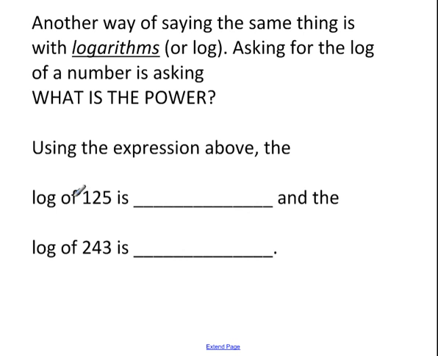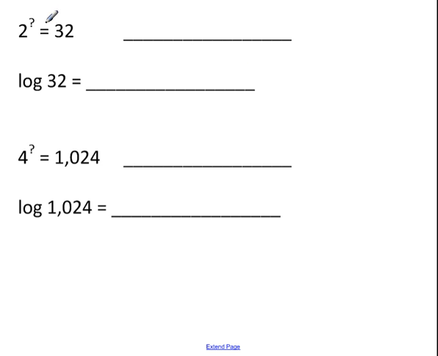So logarithms. Log of 125 is going to save us and just say, well, that is 3. Log of 243 is going to tell us that answer is 5, based on those things that we just looked at. So 2 to what power makes a 32? Hopefully we're thinking, hey, that's 5. Well, then log of 32 is going to be 5.